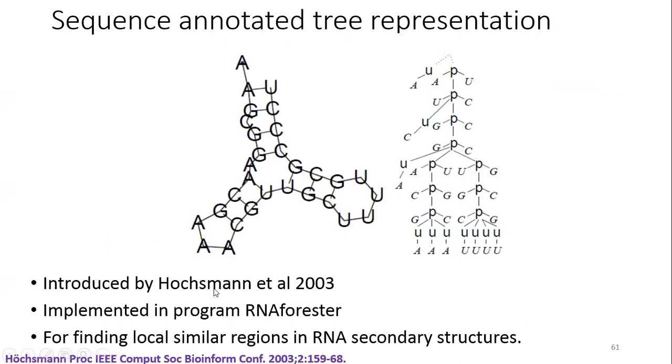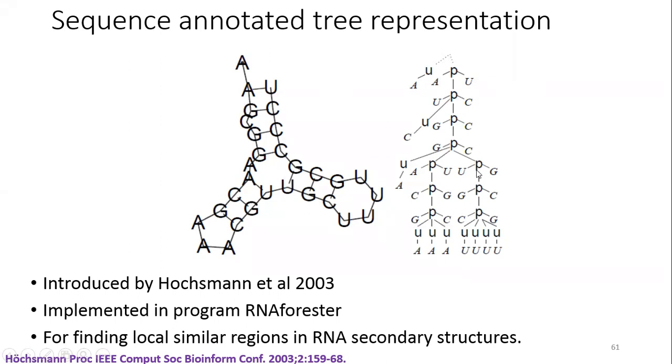What you see over here is the RNA structure representation in a sequence annotated tree representation. If this is the folding pattern of your RNA sequence, you can represent this particular folding in the sequence annotated tree representation, which is shown on its right hand side.